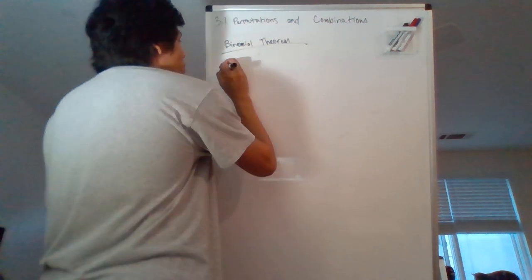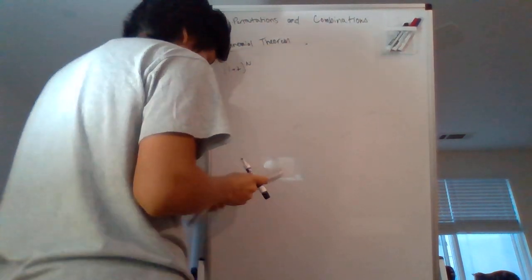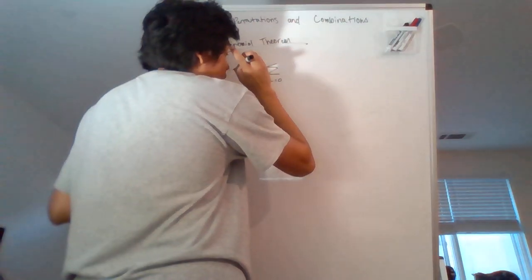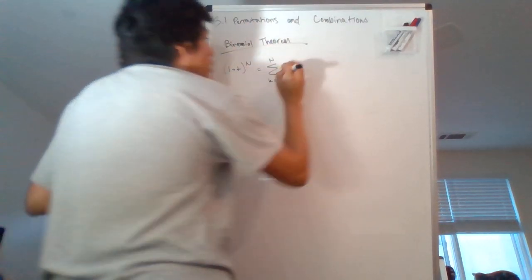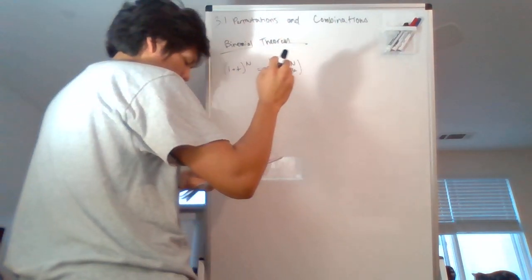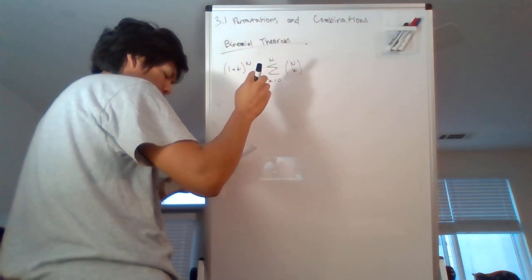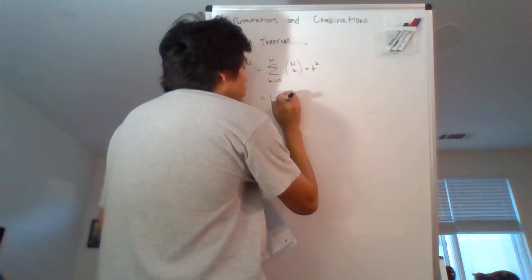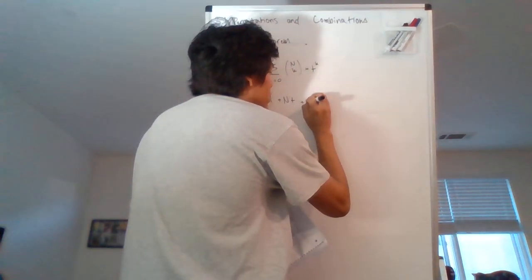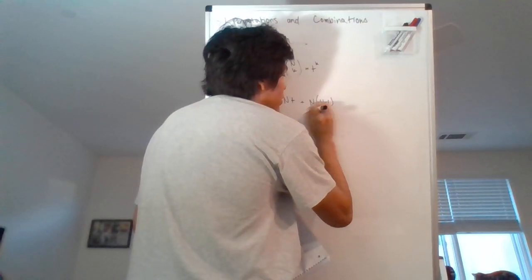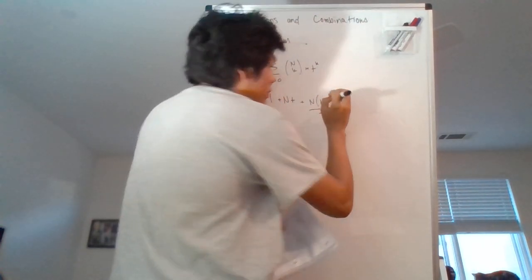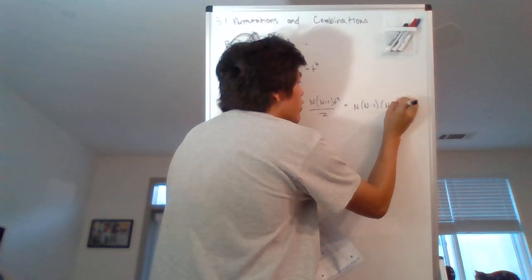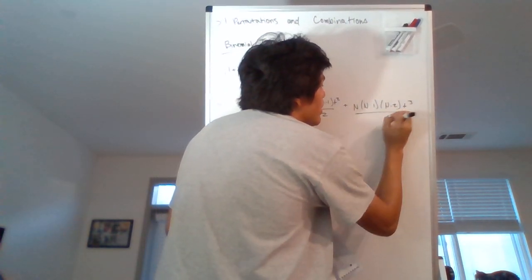So if we were to expand 1 plus t raised to the n, this would be equal to the sum of the elements k that go from 0 to n of n choose k times t to the k, and this written out is equal to 1 plus nt plus n times n minus 1 over 2 times t squared plus n times n minus 1 times n minus 2 times t cubed over 6 plus blah blah. Okay.